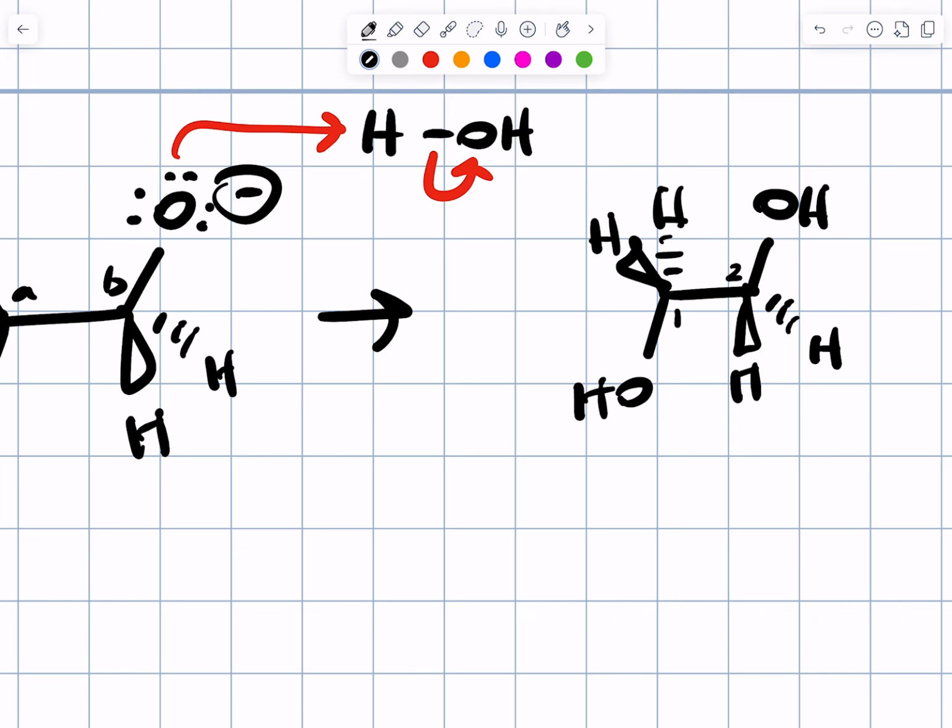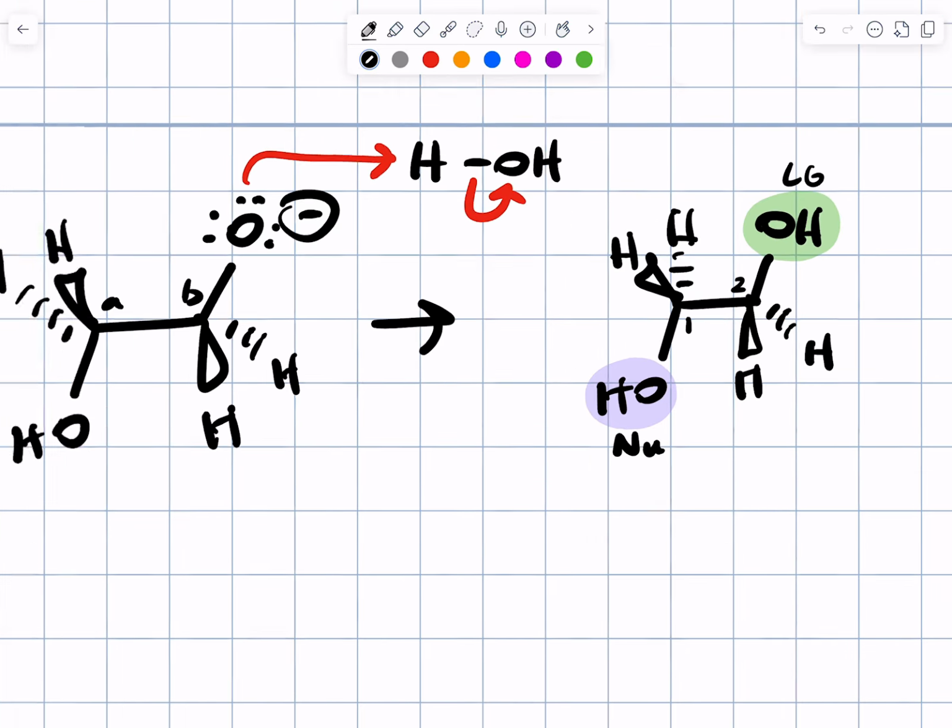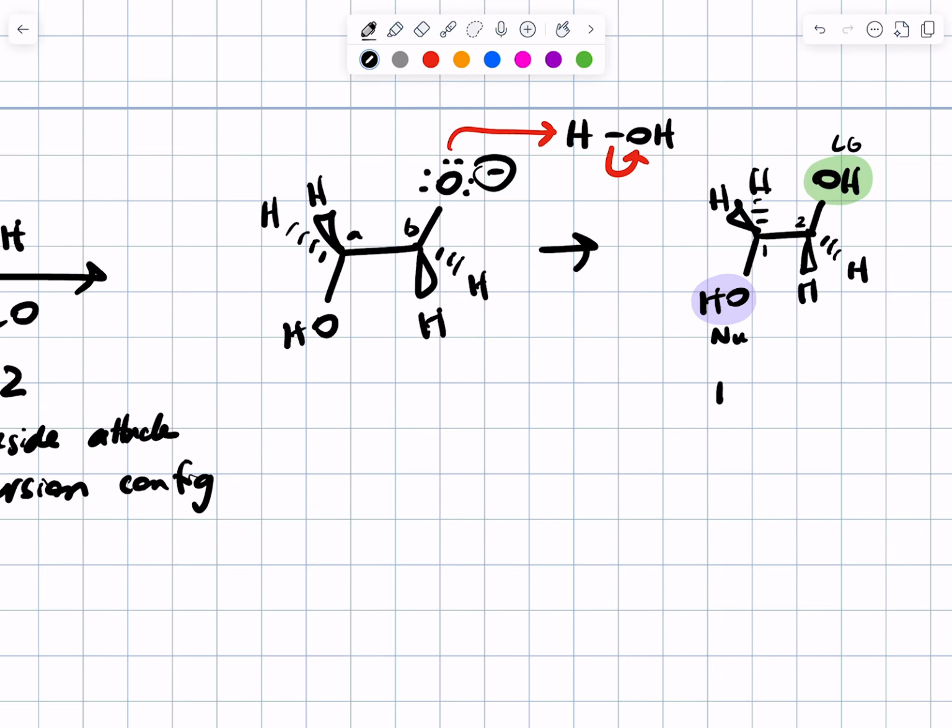On carbon 2, you have the OH that was your leaving group, and on carbon 1, you have whatever your nucleophile was. And so anytime you see a 1-2 pattern of nucleophile and OH, you need to be thinking, I could have gotten that by epoxide opening.